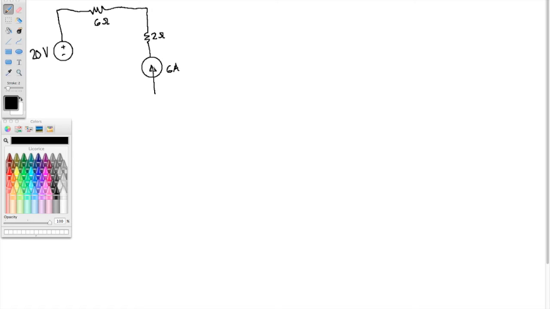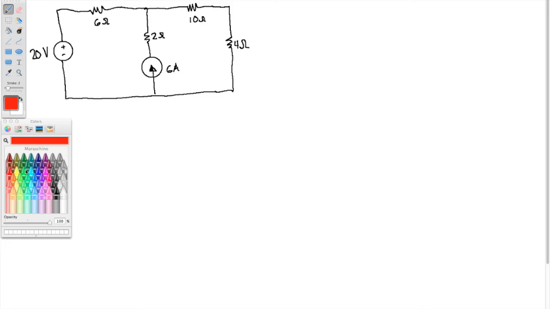Alright, so here we go. And over here we have a 10 ohm resistor and a 4 ohm resistor. Okay, so yes, you could combine the 10 ohm resistor and the 4 ohm resistor, because they are in series, but we're just going to leave them be for right now and just work on our mesh analysis skills.